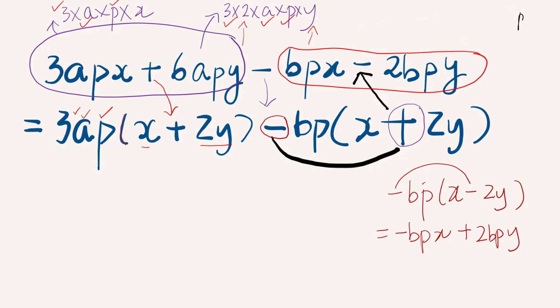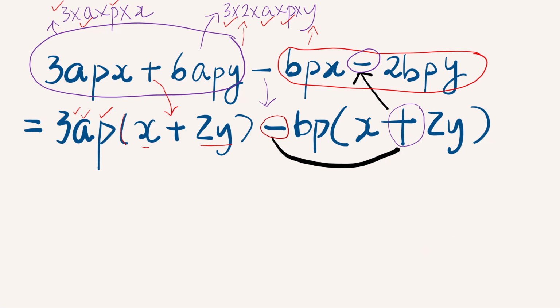Let me erase all this, it's a bit confusing. In the original question I'm given, the operation is a negative 2BPY, not a positive one. Right? So that is the reason why the operation here you have to change to a positive.